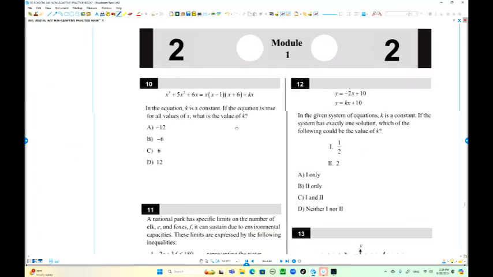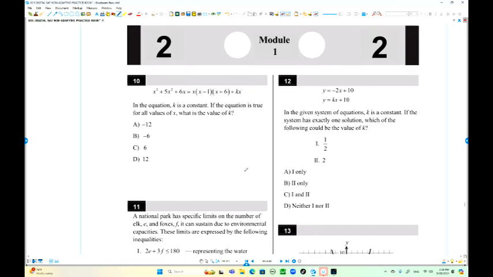Here is number 10. Here is the constraint: the equation is true for all values of x. You can put in any value of x, and it is always true. That means the expressions are identical. The left hand side and right hand side expressions must be equivalent, exactly the same.